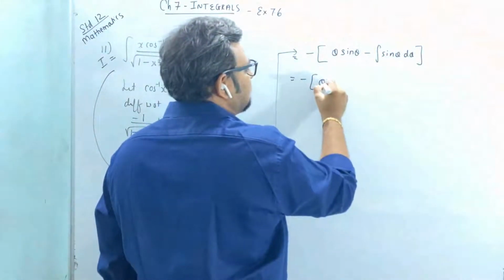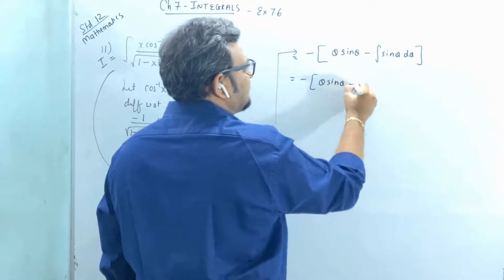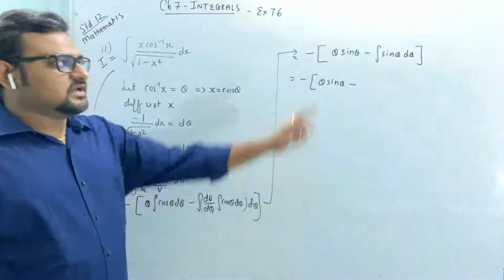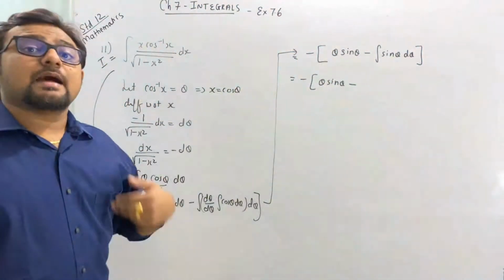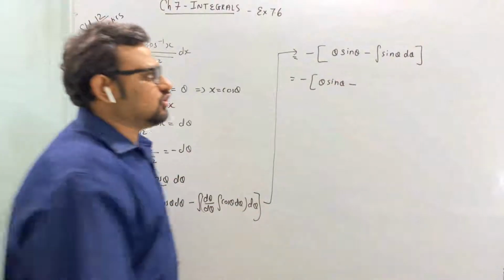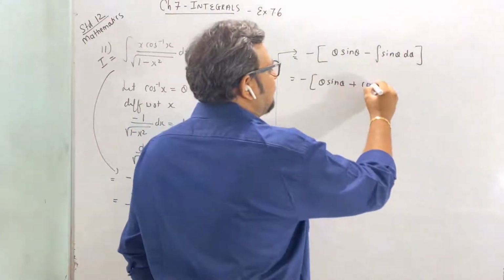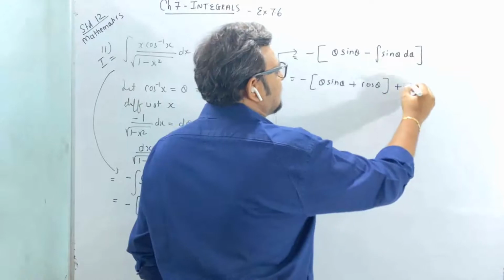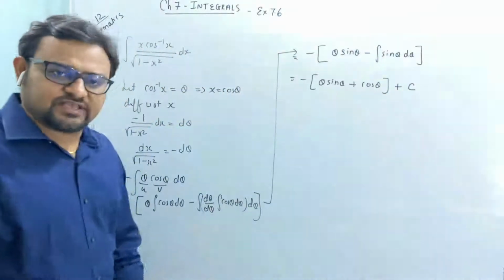Minus theta sin theta minus, what is integration of sin theta, minus cos theta, so it will be plus cos theta plus c.